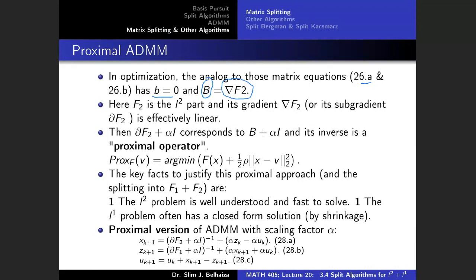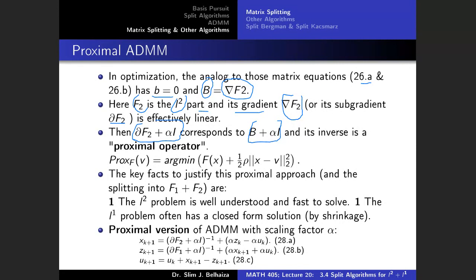Here F2, in fact, is the L2 norm part, and its gradient, or its subgradient if necessary, is effectively linear. So then the gradient, partial or subgradient, of F2 plus alpha I corresponds to B plus alpha I. And its inverse is what we call the proximal operator.